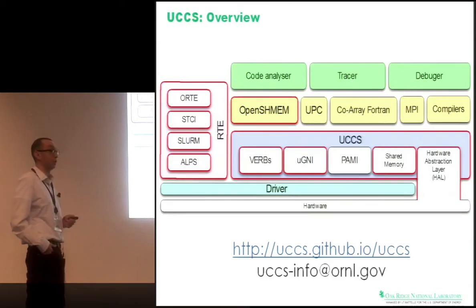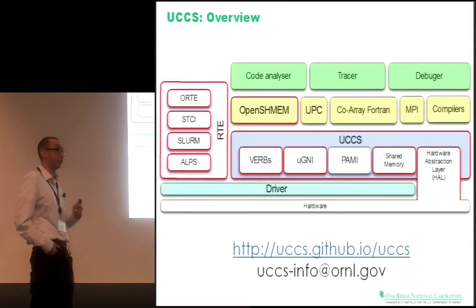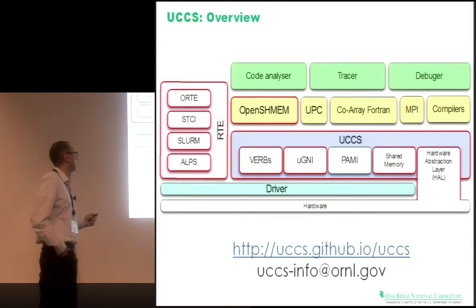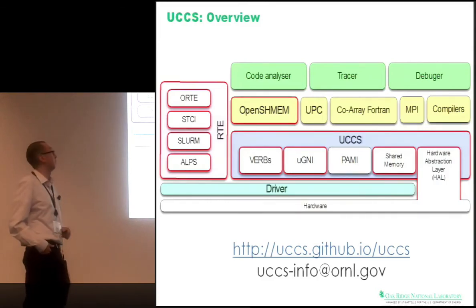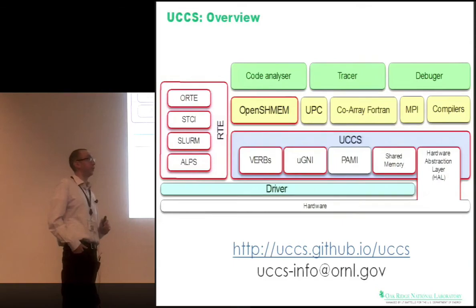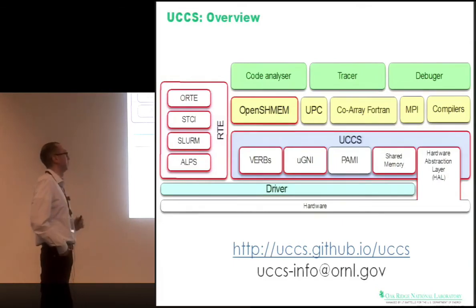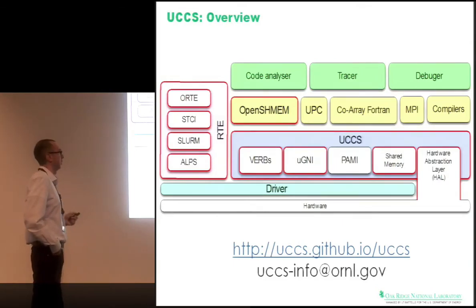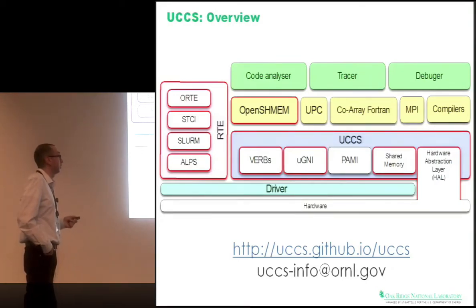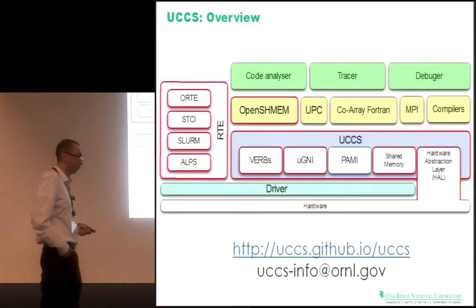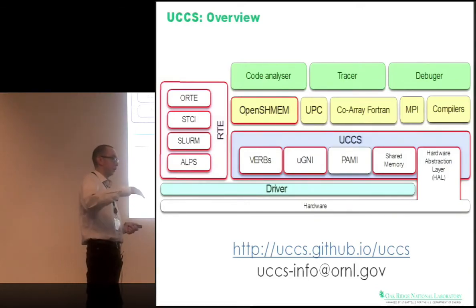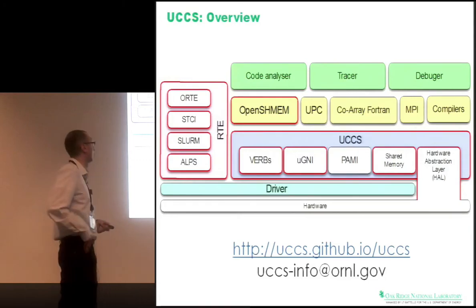We're doing a lot of work with verbs, which is the interface for InfiniBand devices. Then there is uGNI, the Cray API for the Gemini and Aries interconnects. We're also doing a lot of work for shared memory. And later on, I will talk about some of our work on using UCCS directly on hardware.